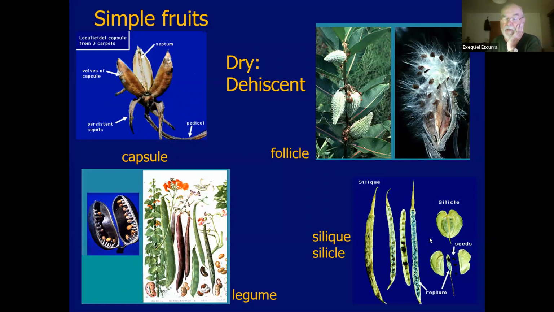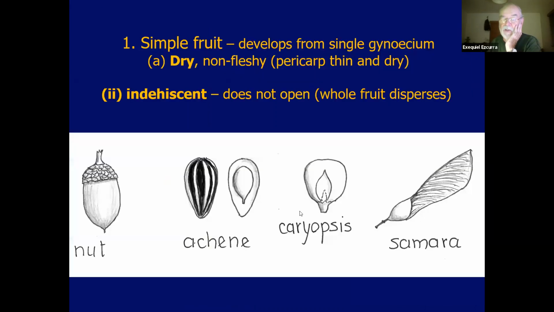And then finally, you have the siliques in the Brassicaceae, in the cabbage family, in which it's a long pod with two carpels that eventually open and leave the central wall known as the septum and the two juncture venations between the carpels to stay behind, and from there the seed is released.